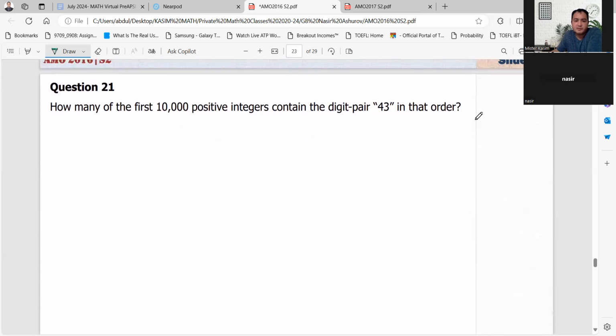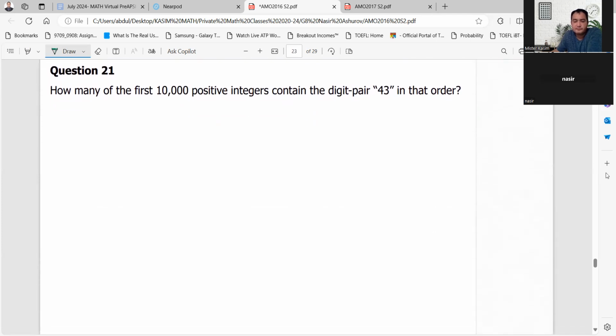Very good. Next question. How many of the first 10,000 positive integers contain the digit pair 43 in that order? Okay, 2 minutes.